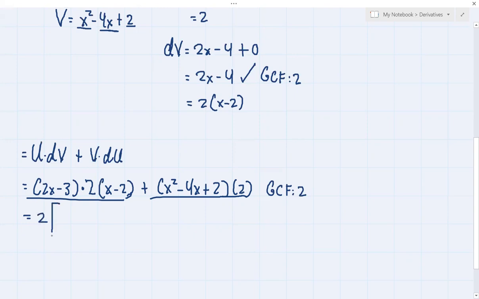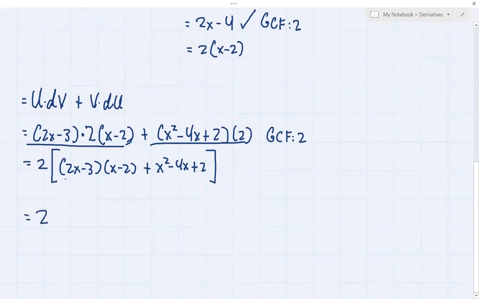So, it becomes 2 times quantity 2x minus 3 times quantity x minus 2 plus x squared minus 4x plus 2. That is what it will look like. Okay?